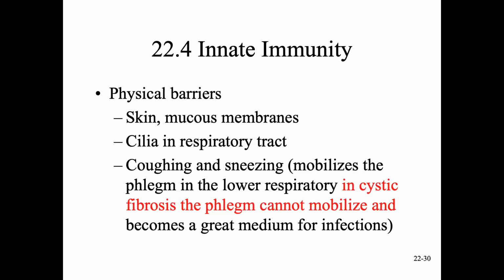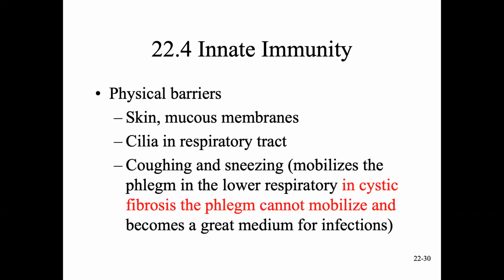But people with cystic fibrosis can't mobilize that phlegm, it stays in your lungs, and because you can't move it, the bacterium starts to undergo mitosis, cellular reproduction there, right? And it starts exploding in number and creating really bad infections. What we see with cystic fibrosis is most people die from pneumonias.